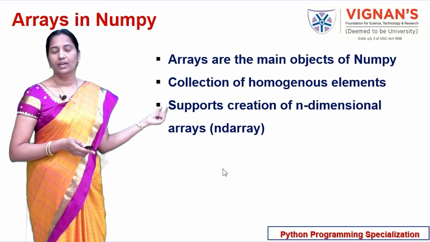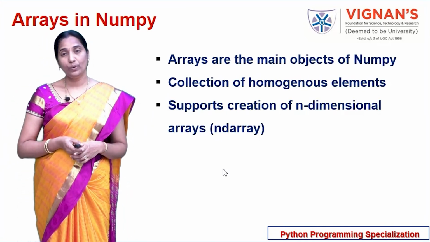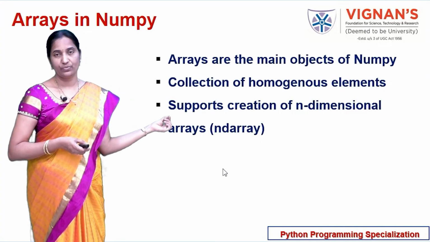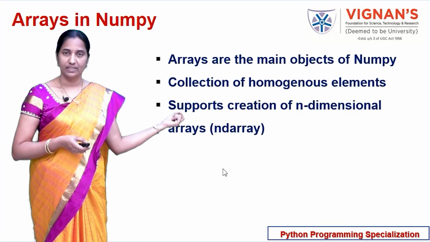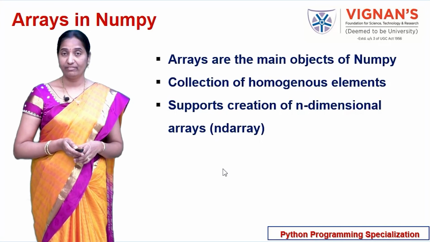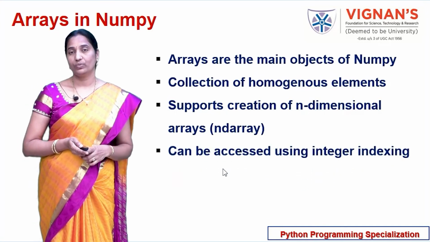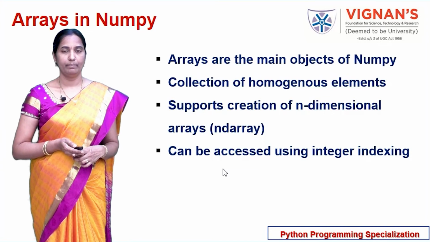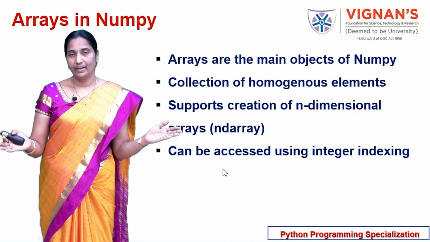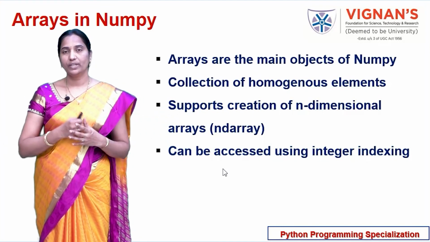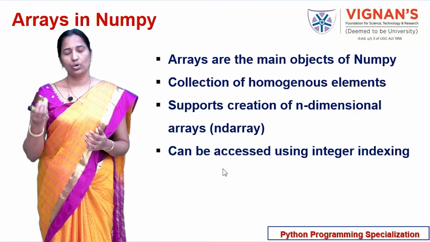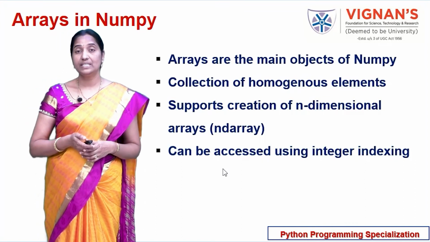The arrays or the matrices supported by the NumPy package are popularly known as ndarray, which stands for n-dimensional array objects. Hereafter, wherever we refer to the matrix, we call it ndarray in NumPy. Because the elements in the ndarray occupy contiguous memory locations, the elements of the matrix or the array can be accessed using integer indexing.